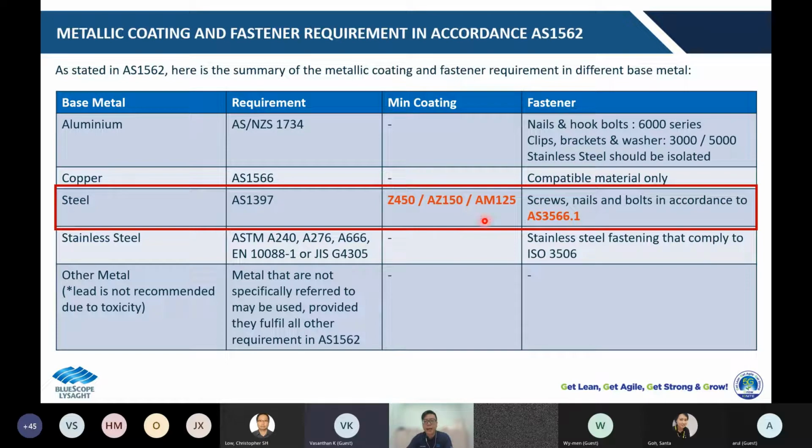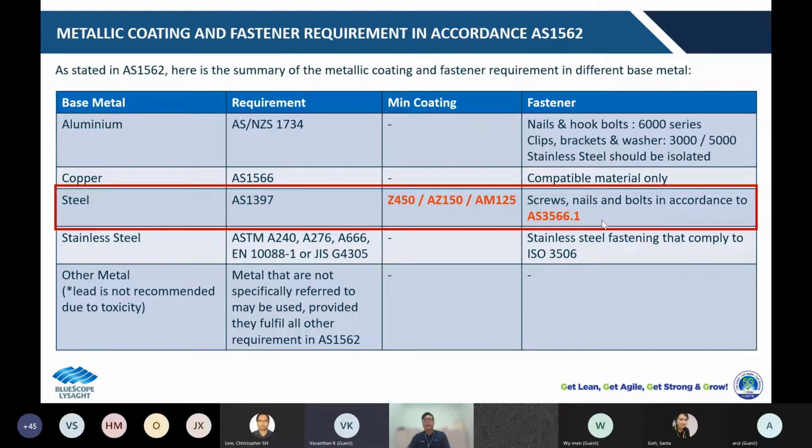And the last one is AM125, meaning that zinc alloy with aluminum and magnesium, the minimum coating mass is 125 gram per meter square. All right, this is the so-called minimum coating that is stated in 1562 that directs you to 1397.